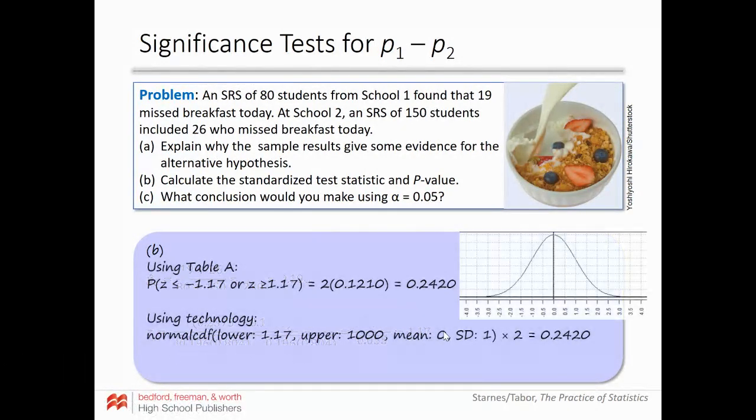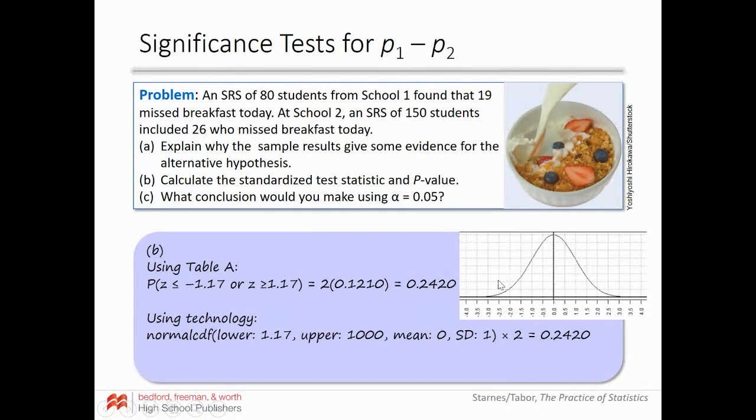of 1.17. So we're going to go from 1.17, so right about here, and we are looking at the difference. We're looking at either bigger than 1.17 or less than negative 1.17. So my 1.17 is here, and I'm going to shade to the right.